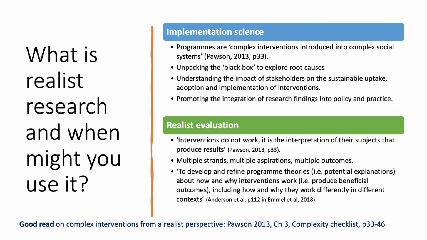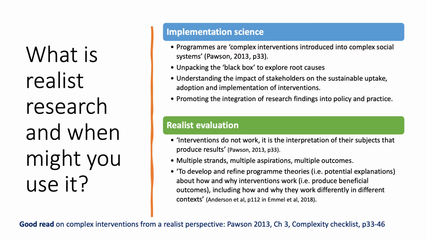Realist evaluation is based on this. It sits under the umbrella of implementation science, but it's very much explanatory and theory driven. So it really wants to understand what works for whom and in what context. The assumption is that the intervention has already been judged as worthwhile, but what you don't know is what exactly about it makes it work well in different circumstances.